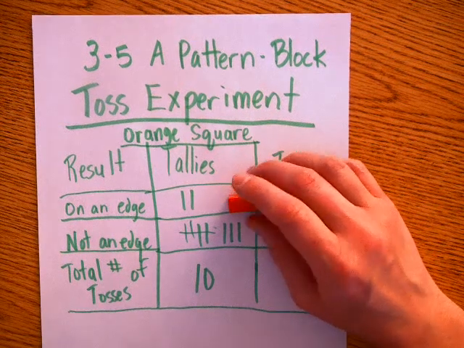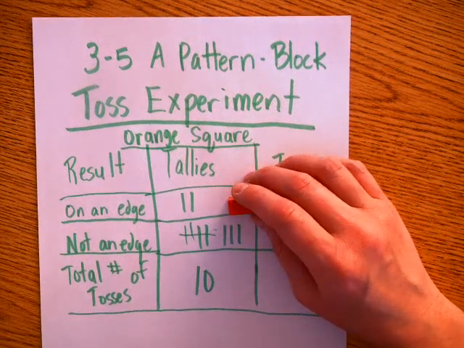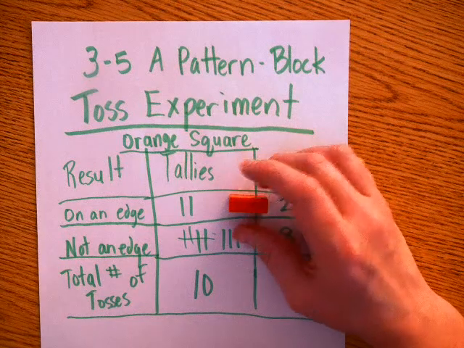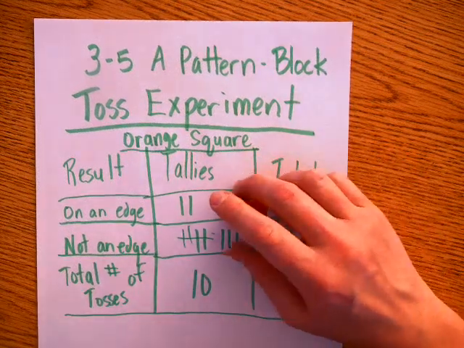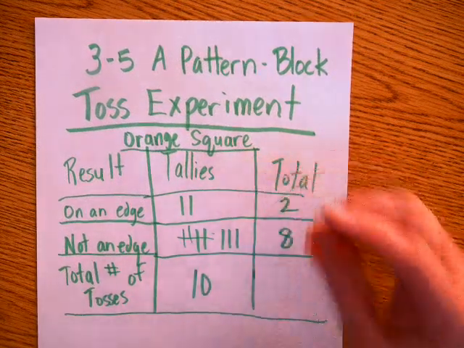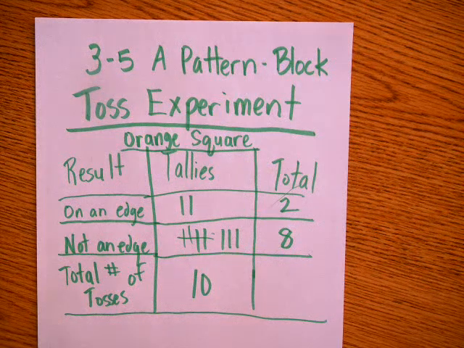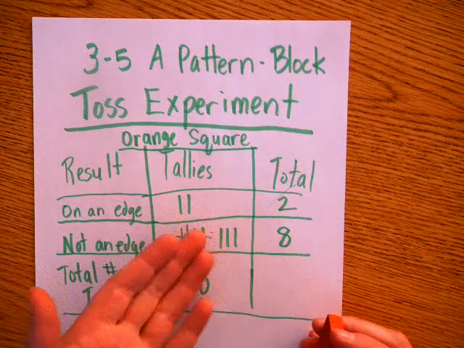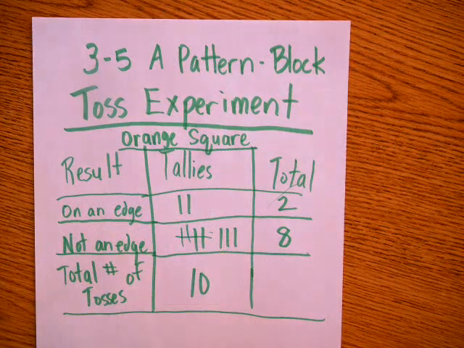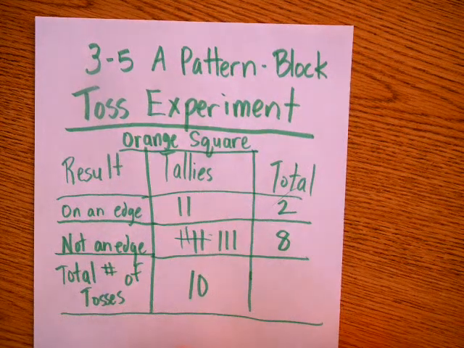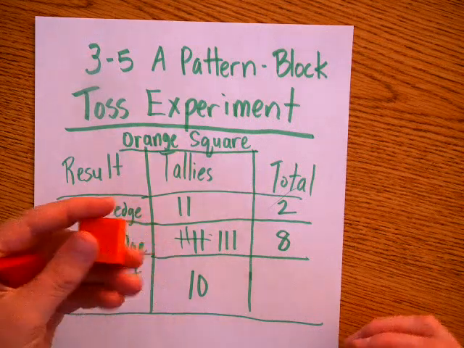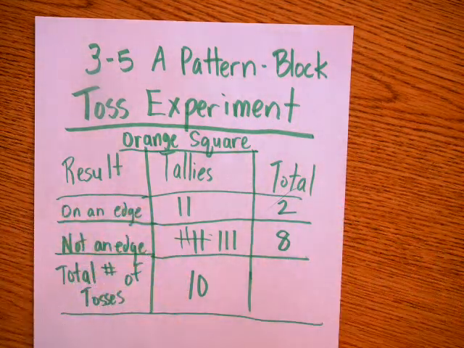And they'll make a prediction that which one lands edge side up the most. Okay, so that's using probability terms to be able to do this experiment. We collect the data and we organize it into a tally chart. And then we try to predict what's going to happen. And then conducting the experiment is actually doing what we're doing right here.